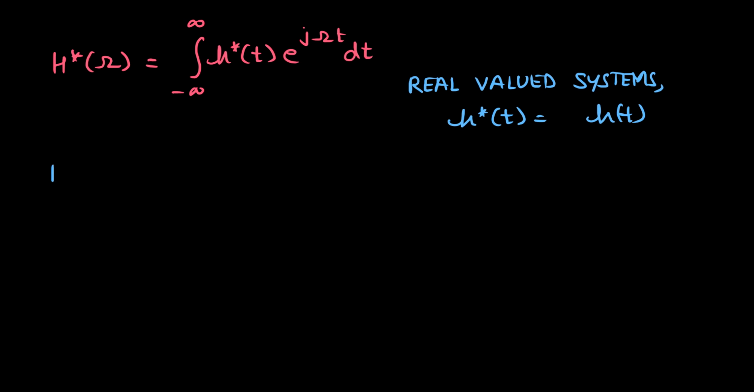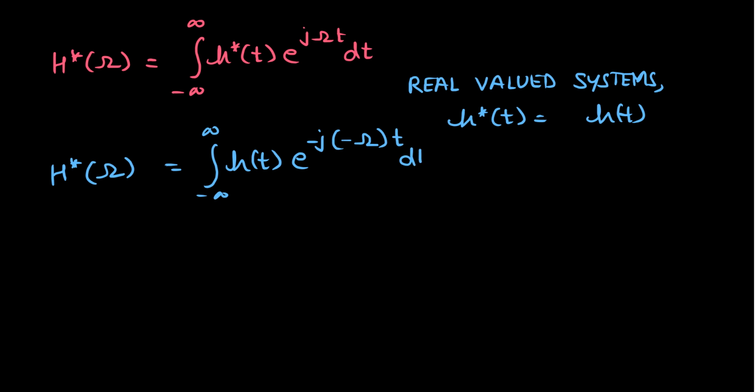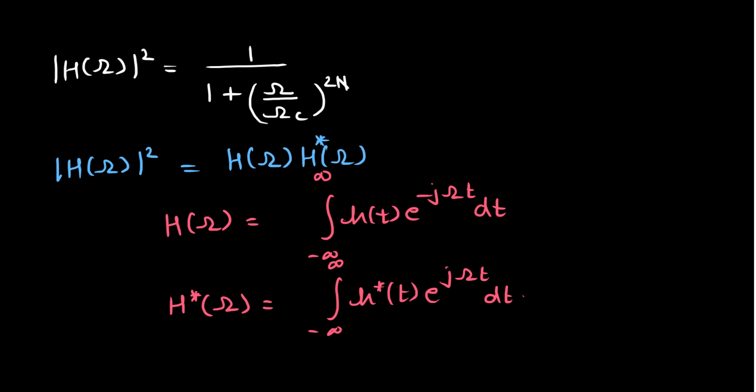So what we have is H*(omega) is equal to the integral from minus infinity to infinity of h(t) into e to the power, we can write this as minus j into minus omega t dt. So this is equal to H(minus omega). So what we have is H*(omega) is equal to H(minus omega).